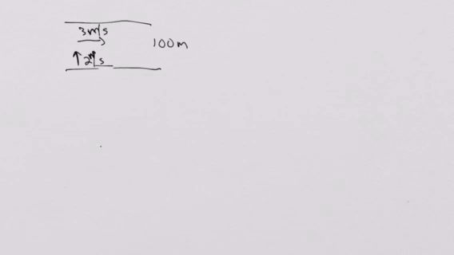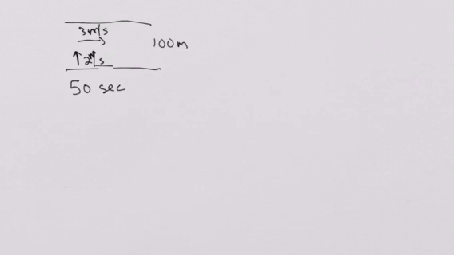So without much thought, we can say that the time it's going to take to get across the river is 50 meters, is 50 seconds. And I think the question there was, how far downriver will she be?